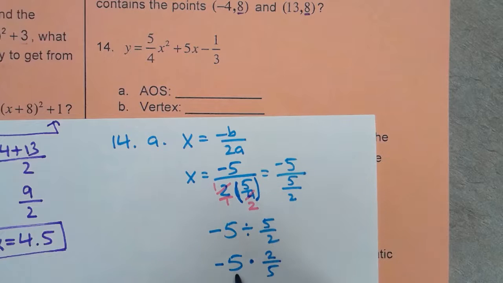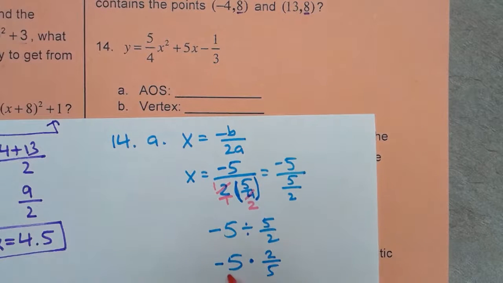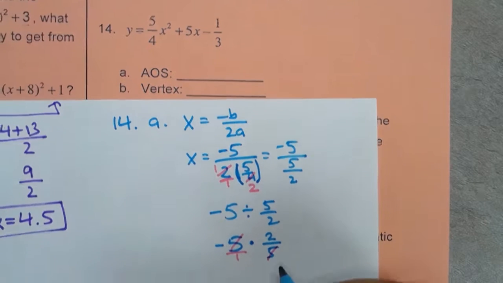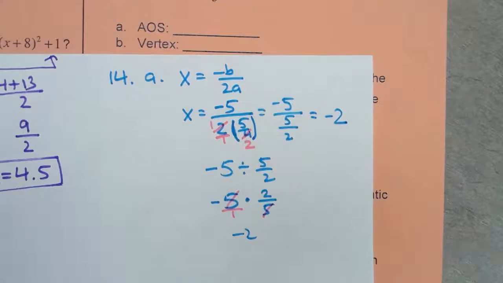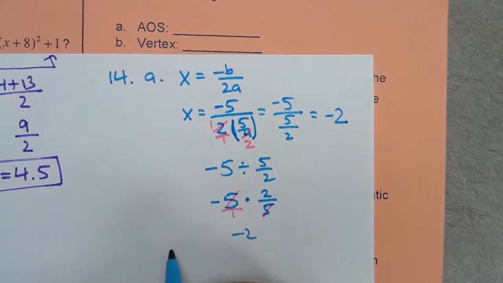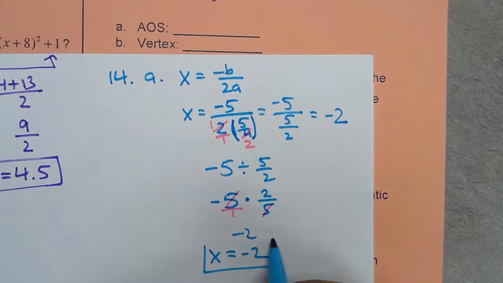Either way, you can put this over 1. The 5's cancel, and then it's -2. So all this equals -2. All right, so you have your axis of symmetry for part A as x equals -2.